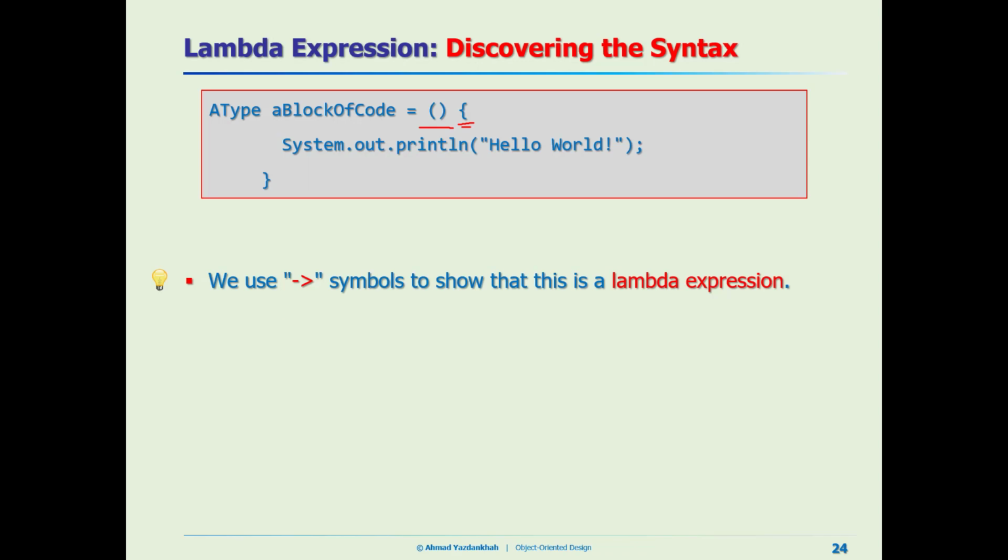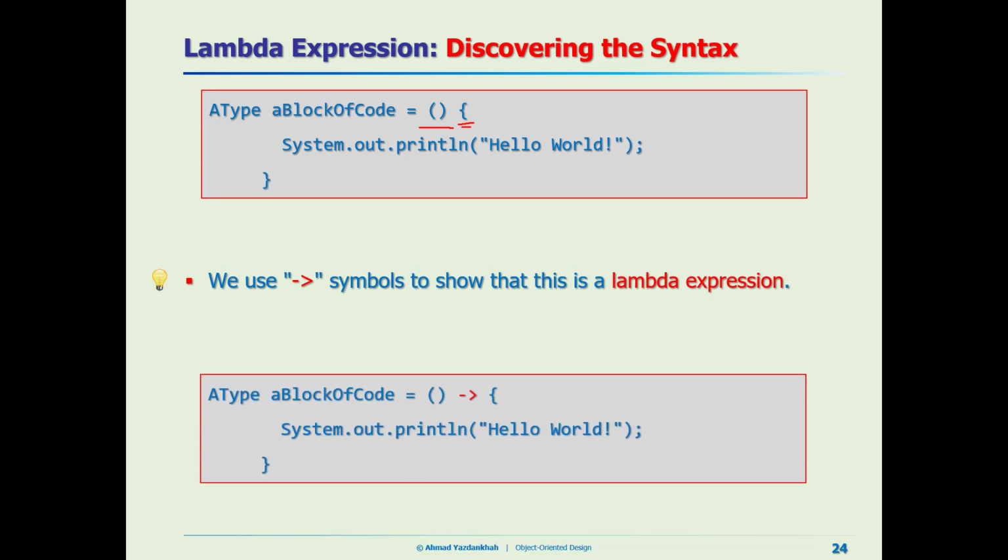This is the Java syntax specific to this kind of lambda expression. So you see, we pruned and cut whatever we didn't need, and now we ended up with this syntax.